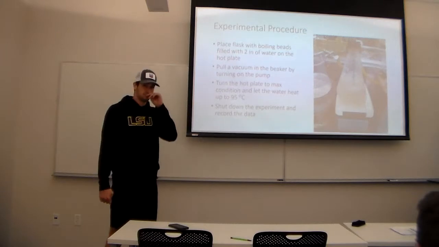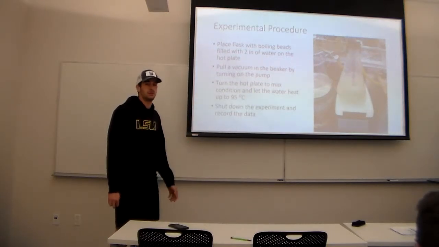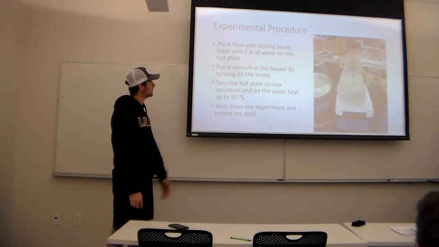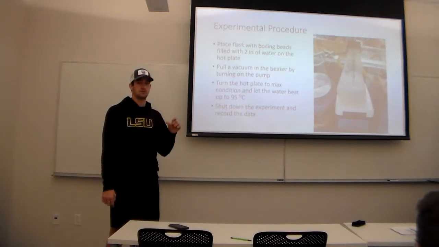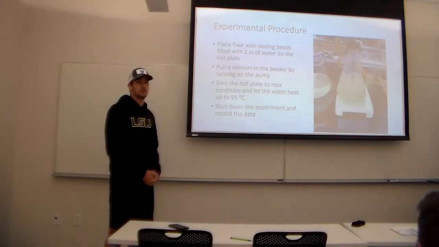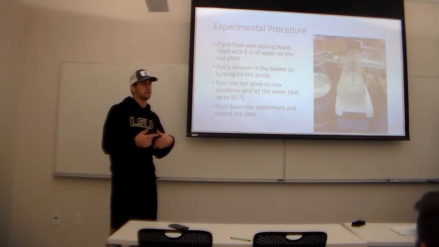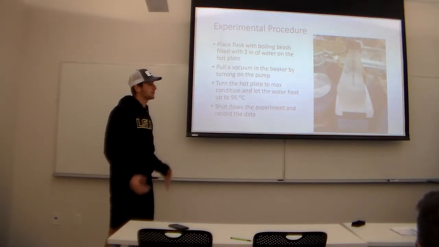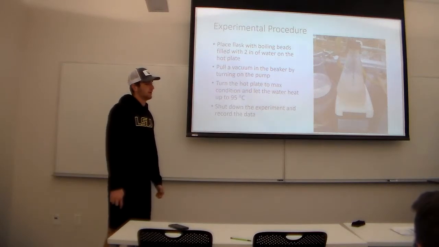Like I said, we placed the flask, and for our experiment, we used boiling beads. We filled it with 2 inches of water and put it on the hot plate. Then we pulled a vacuum by turning on the pump, relieving the vacuum in the system, and we got it as close as we could to a vacuum.